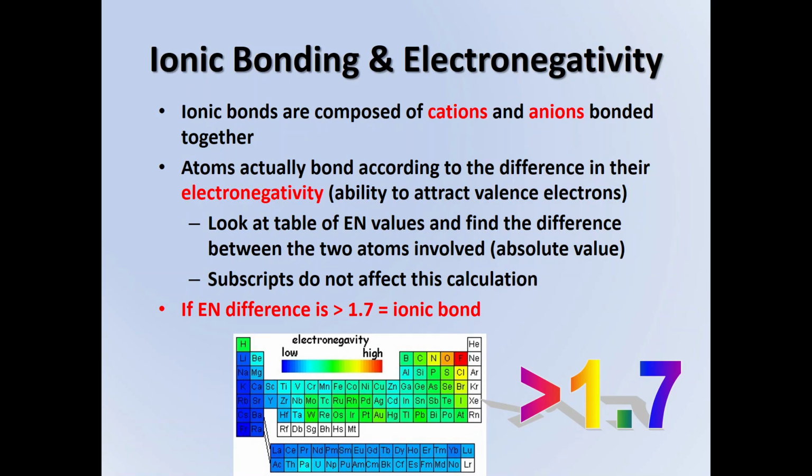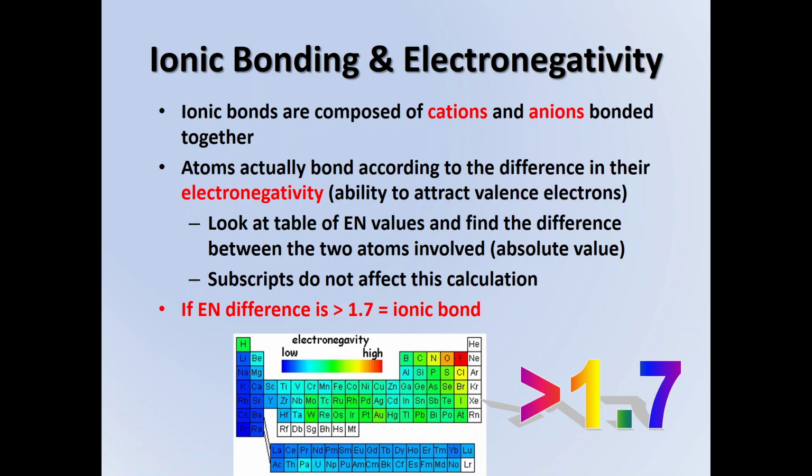So, ionic bonds are composed of cations and anions bonded together. Atoms bond according to their difference in electronegativity. Electronegativity is the ability to attract valence electrons. It's how strongly you pull on another atom's electrons. The higher your electronegativity, the stronger you pull.